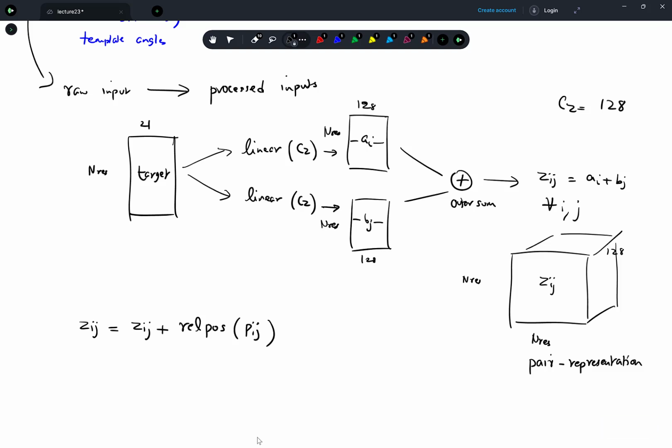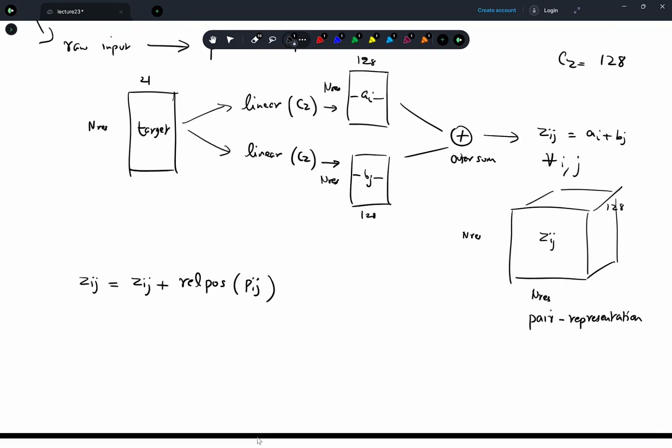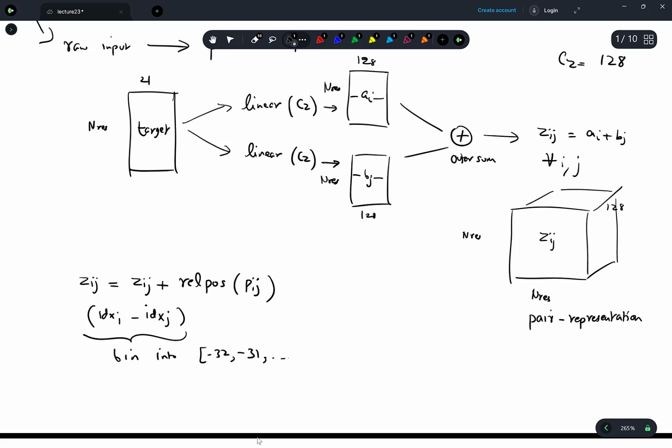Pij is the positional difference. You take the index for i minus the index for j, and then you bin it into minus 32, minus 31, up to 31 and 32. One-hot.